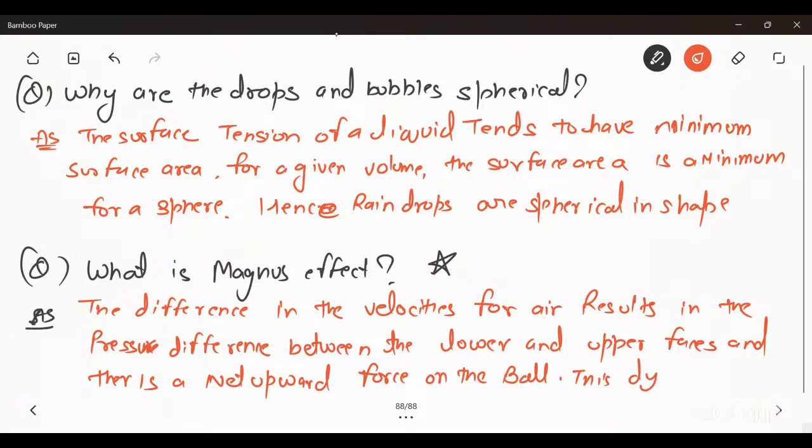This dynamic lift due to spinning is called the Magnus effect.